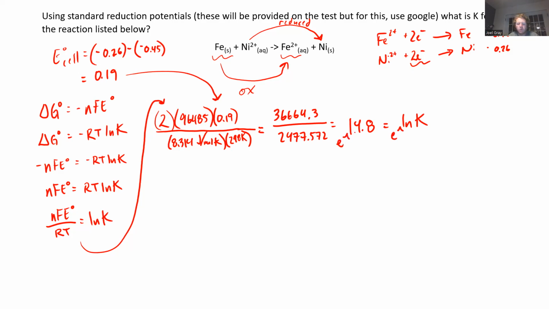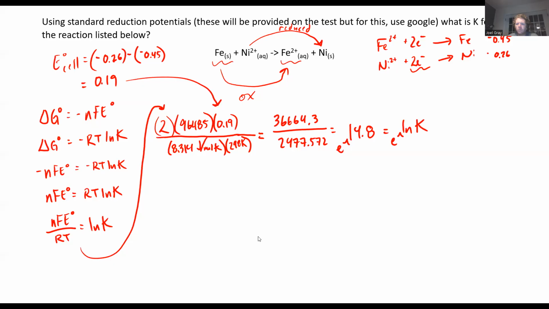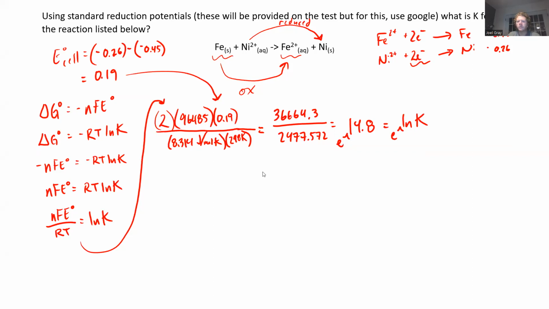Now what I want to do is take both of these values and raise them to the e power, and I will do that with my calculator. The way that I do it on my calculator is I punch in 14.8, and then I've got this function, shift, and right above my natural log is what undoes my natural log.